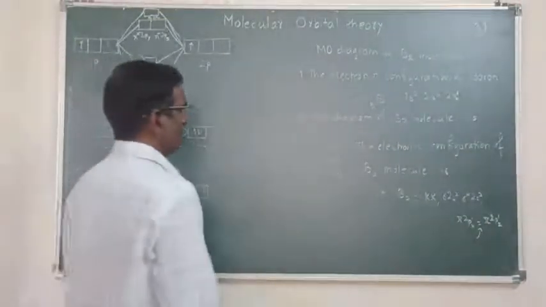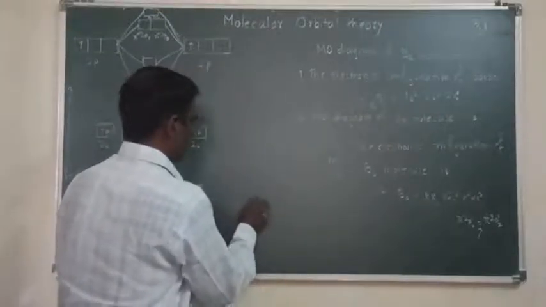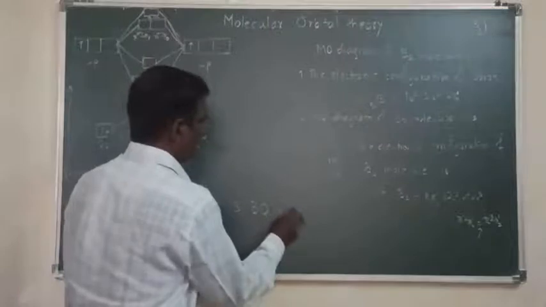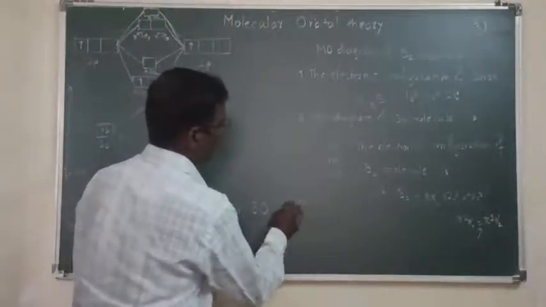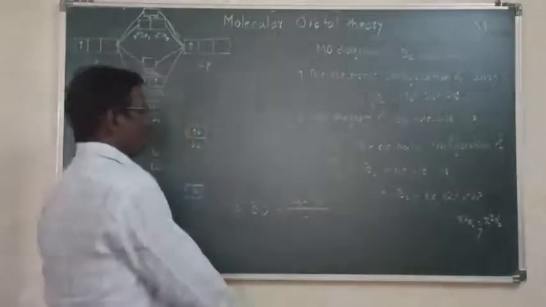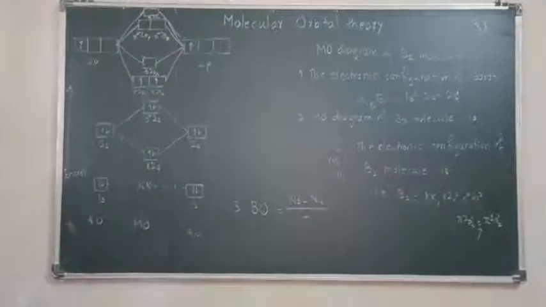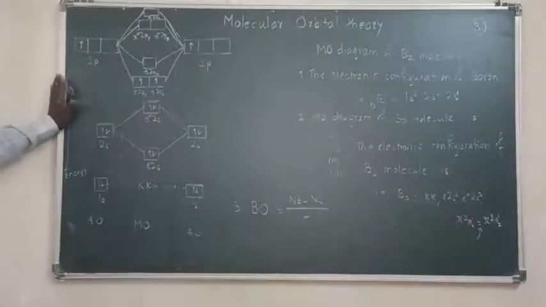Then third point, bond order. Bond order is equal to Nb minus Na upon 2. You should draw the above diagram neatly and systematically, then you can explain the remaining points.